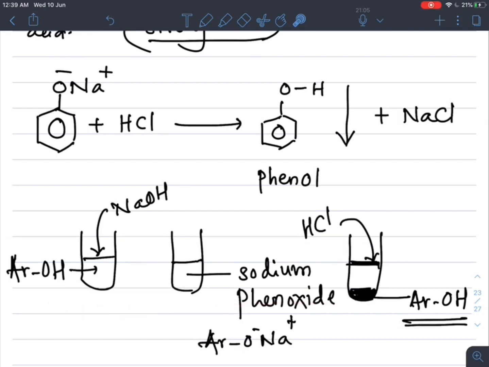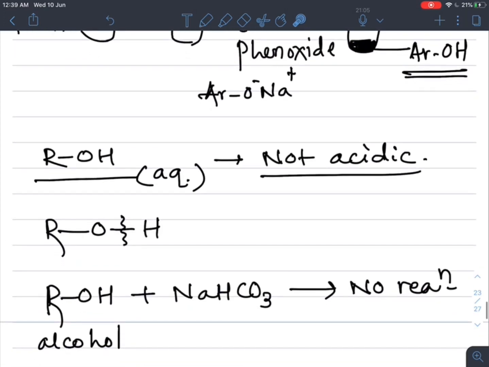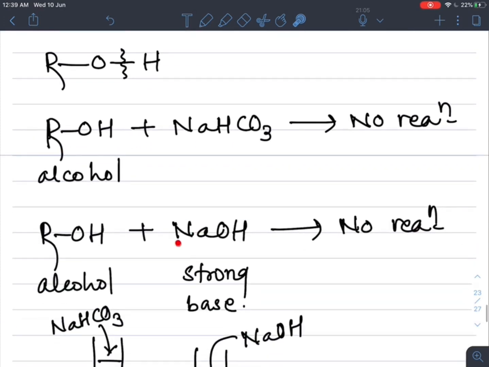But this test does not take place with alcohol. Alcohols are not acidic in nature, and they do not react with sodium bicarbonate or NaOH. So with a strong base as well as a weak base, there is no reaction with alcohol.